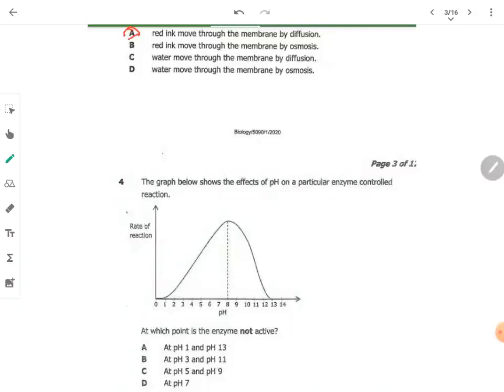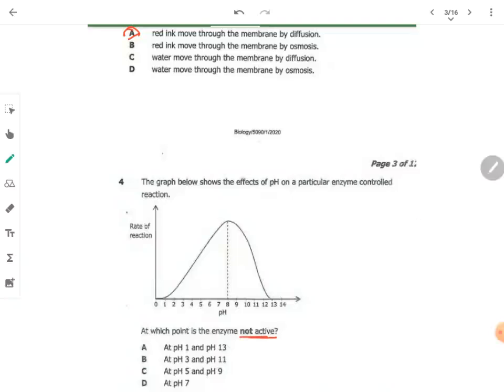Then question 4 says, the graph below shows the effect of pH on a particular enzyme controlled reaction. We have rate of reaction here and pH here. At which point is the enzyme not active? Now, an enzyme is not active when pH is too low or when pH is too high.